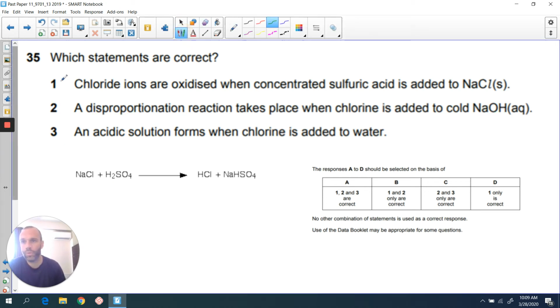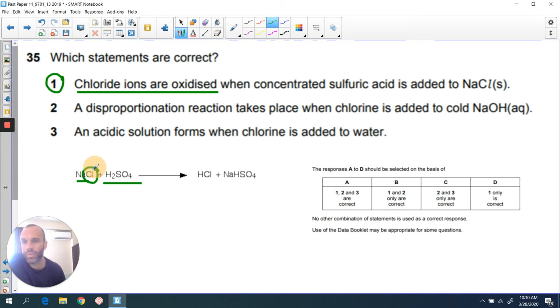For number 1, again, it's all about knowing your equations for the reactions of group 17 compounds. So we've got sodium chloride reacting with concentrated sulfuric acid. In this case, our products are here. Now it's asking, the chloride ions are oxidized. Well, are they oxidized in this reaction? No, they are not. Why?